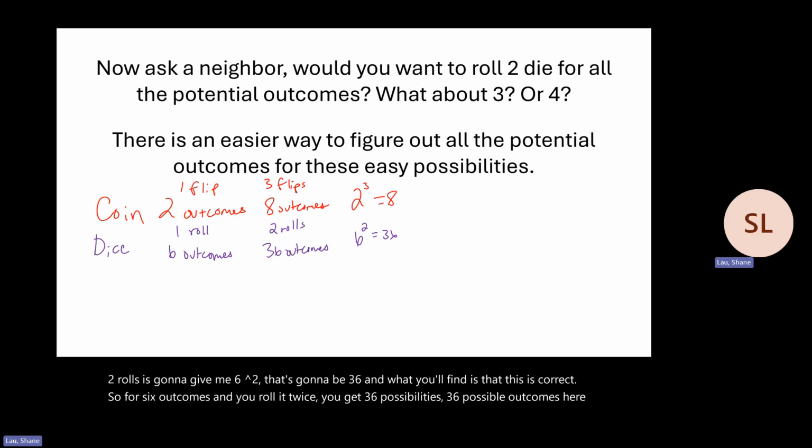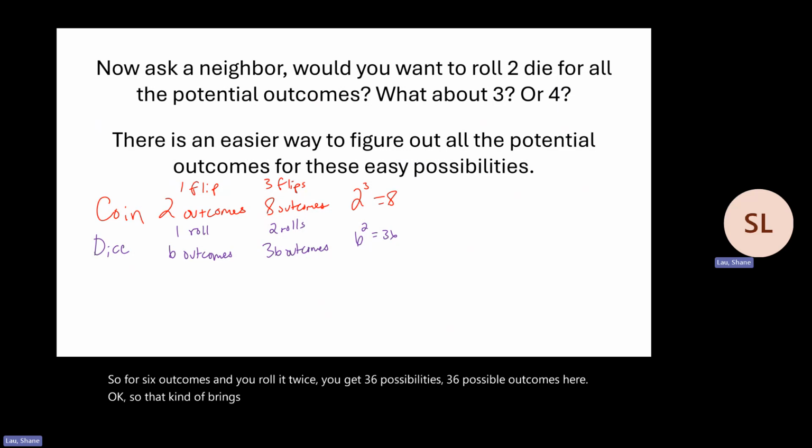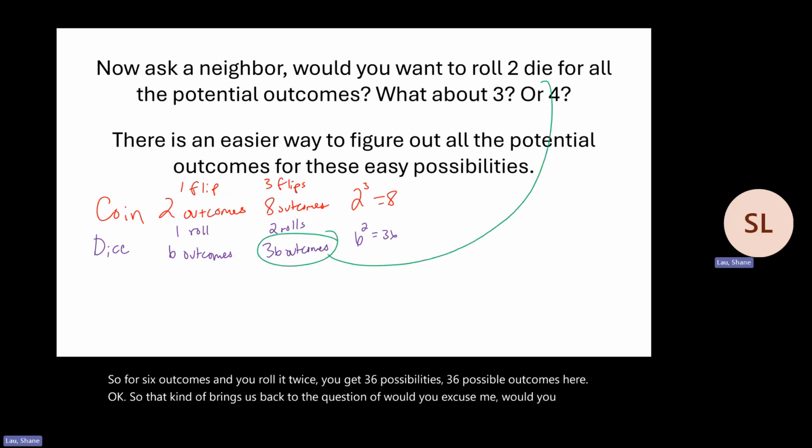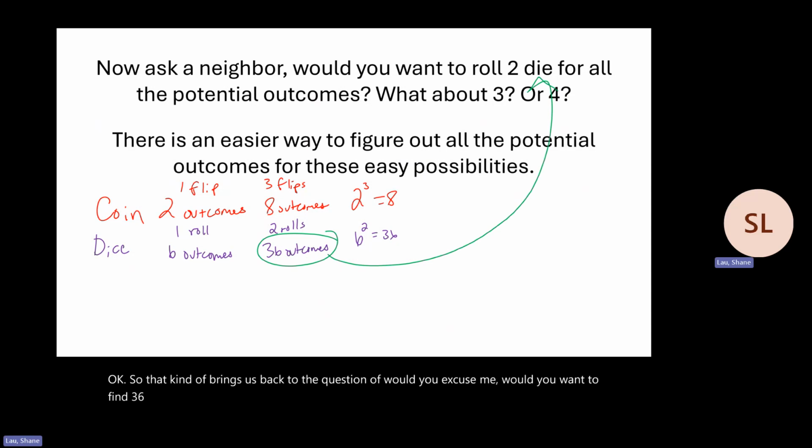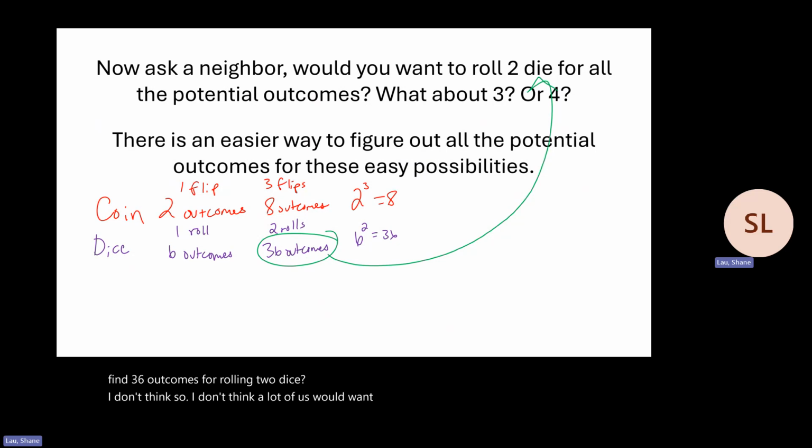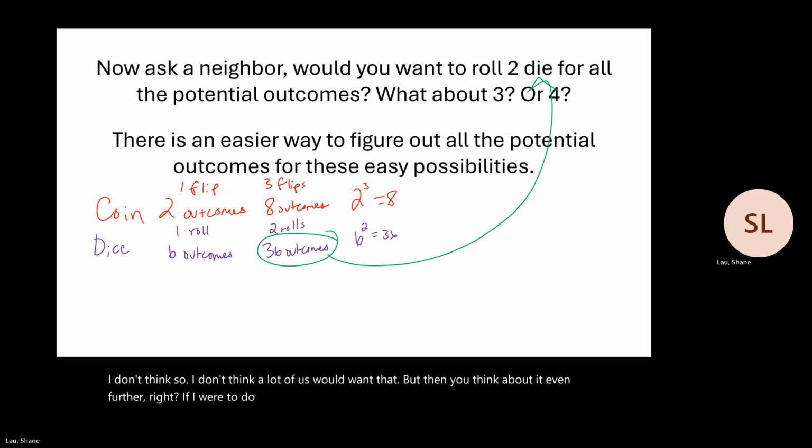So that kind of brings us back to the question of, would you want to find 36 outcomes for rolling 2 dice? I don't think so. I don't think a lot of us would want that. But then you think about it even further. If I were to do this for, let's say, 3 or 4 rolls, let's see what that would look like.